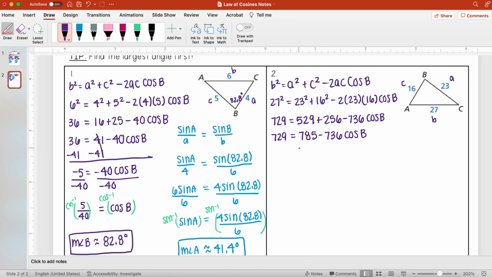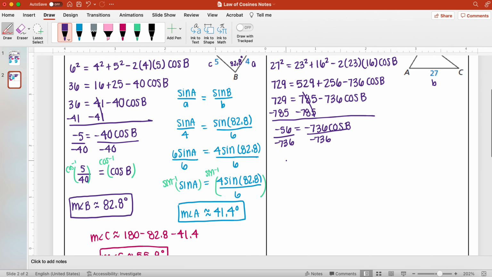Subtract 785 from both sides. So I have 729 minus 785, and I get negative 56. It's equal to negative 736 cosine of B. And then I just want to divide by negative 736. So here I have a negative on top and bottom, so this becomes a positive 56 over 736.